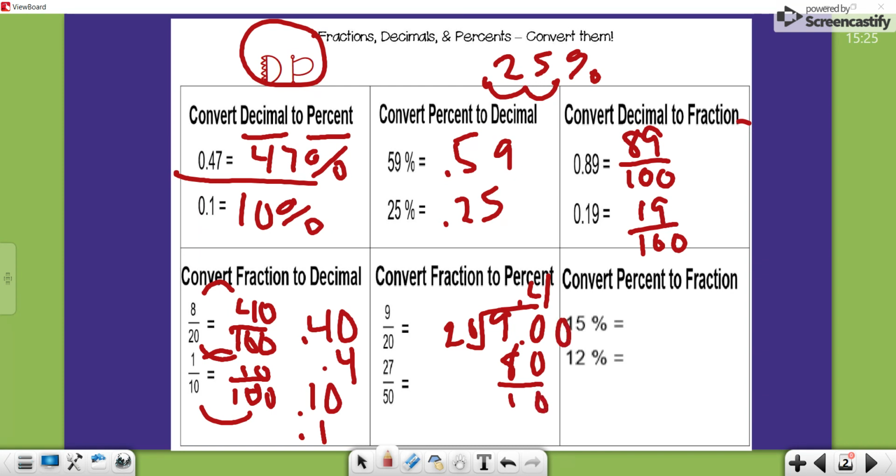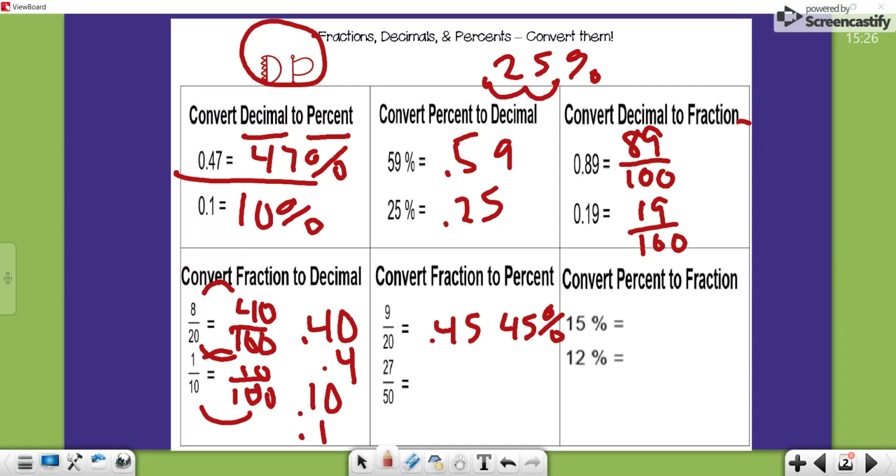Add another 0. 20 goes into 100 5 times. So 9/20 is 0.45, which would be 45%. You pretty much have to get the decimal before you can get the percent.